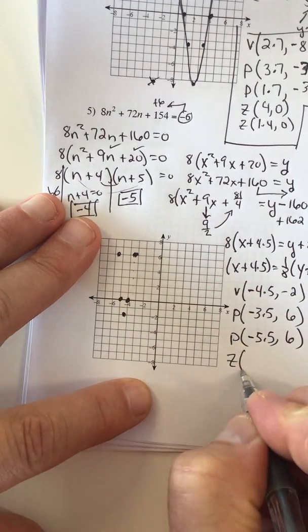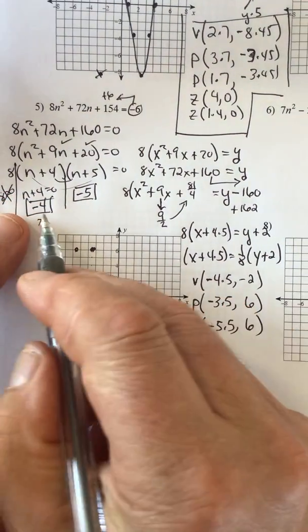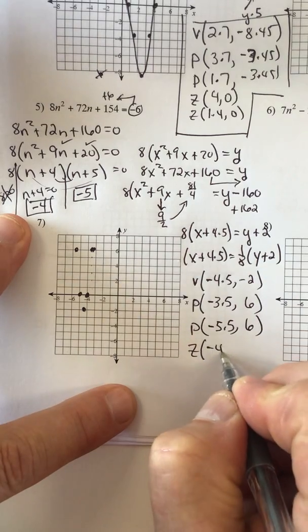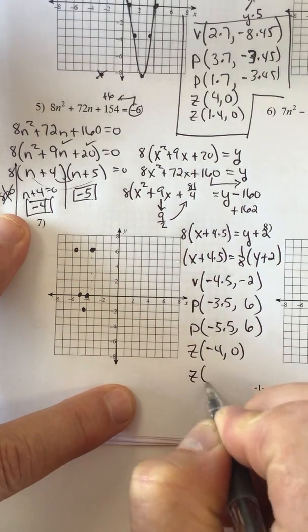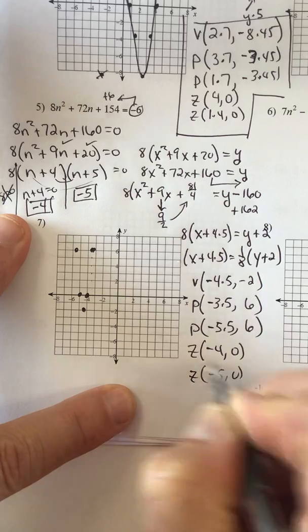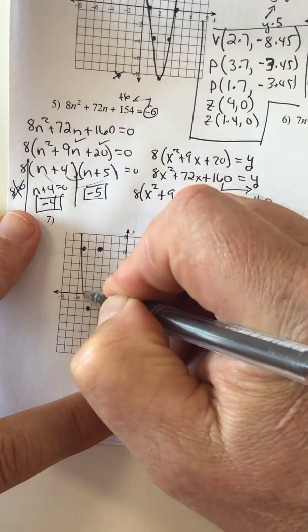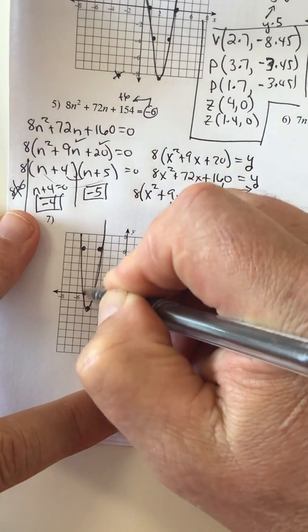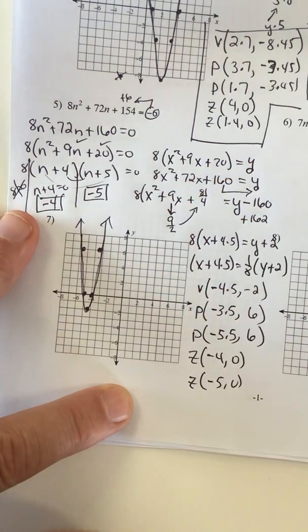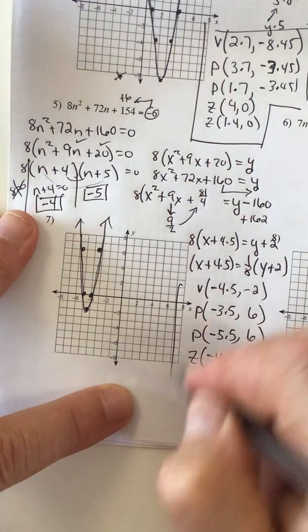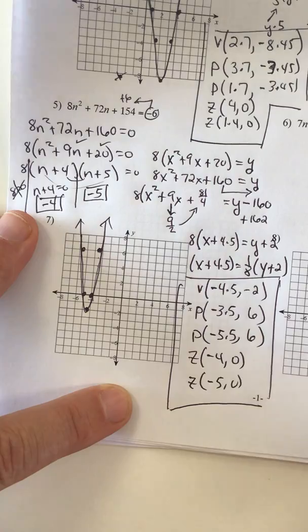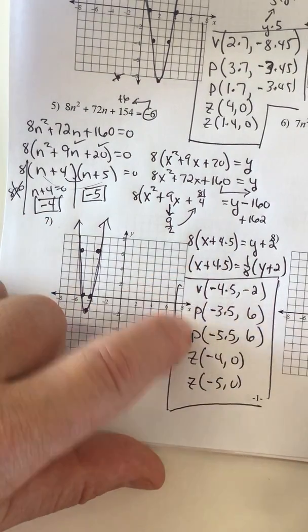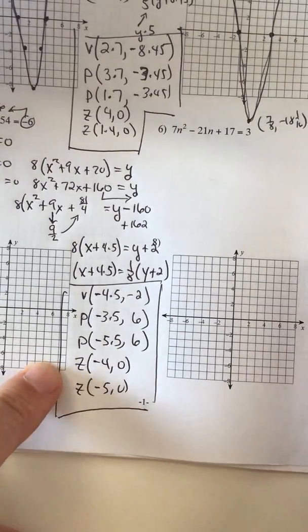And then the zeros, one of them is at negative 4, 0. And the other 0 is at negative 5, 0, which I already have graphed, and they all fit together. So here are the 5 points I'm looking for. The vertex, 2 points on the side, and then the 2 zeros.